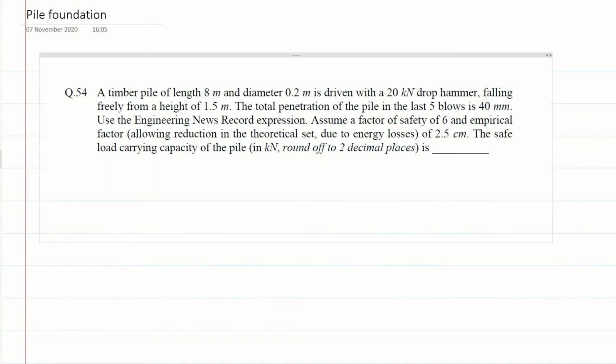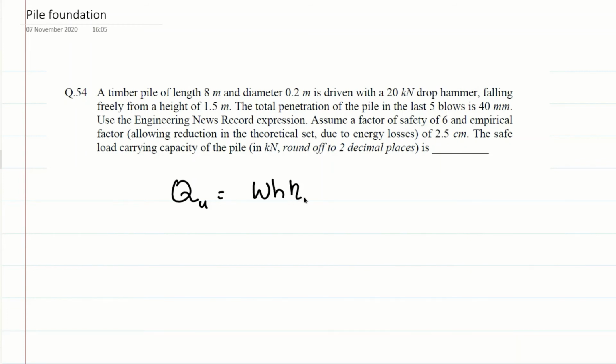So what is the formula? For calculating the ultimate load carrying capacity Qu, the formula is W H eta H divided by S plus C, where W is the weight of the drop hammer, H is the height of fall, and eta is the efficiency. Since they did not specify anything, just take it.